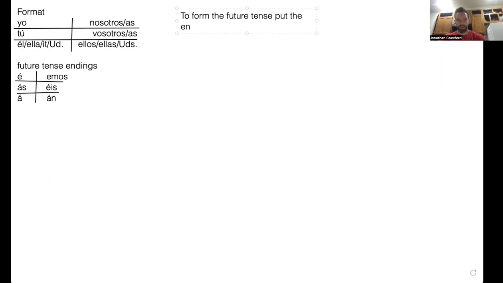Put the entire infinitive form of the verb and then add the future tense ending. All right, make that a little bit bigger. And I'll give you some examples.